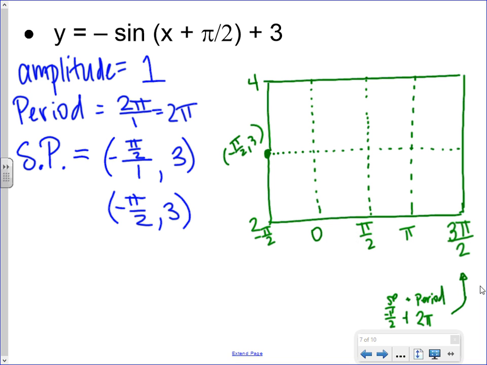Now all we have to do is fit in the curve. Now we have a sine curve that has been reflected. So we're going to begin at the starting point, but since we have a reflection, we are going to go down first instead of up.